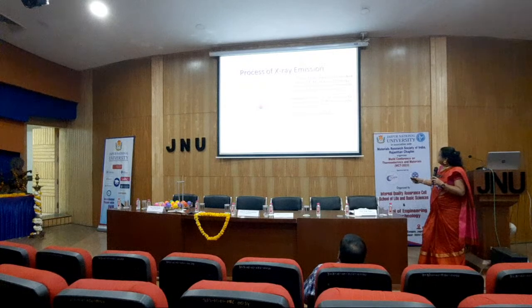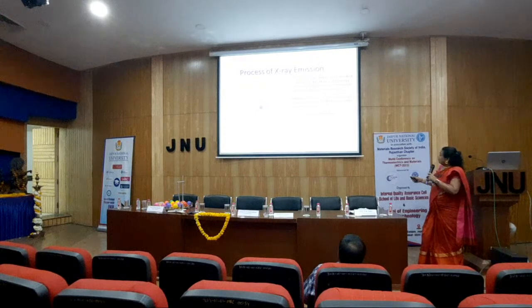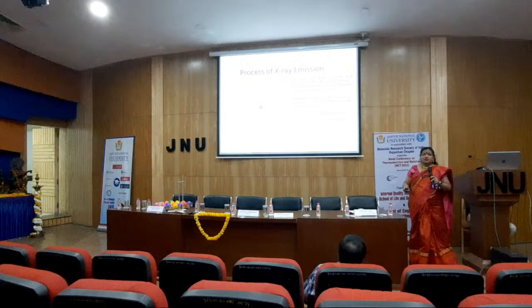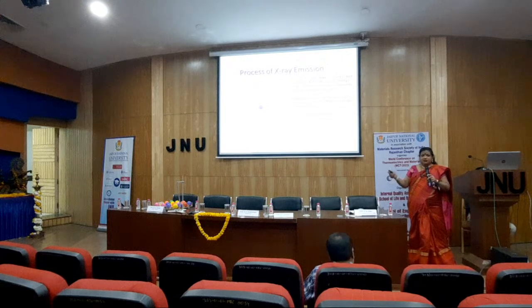Then a higher energy electron falls down to the vacancy which is created, and it gives out characteristic X-rays. Why characteristic? Because elements have different discrete energy levels and they have an energy difference which is seen as an X-ray, a characteristic X-ray, which is defined for every element.